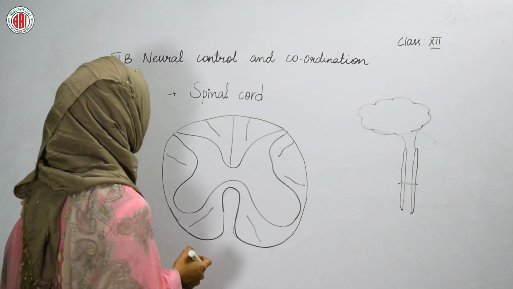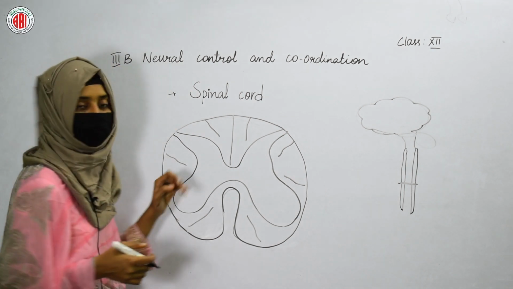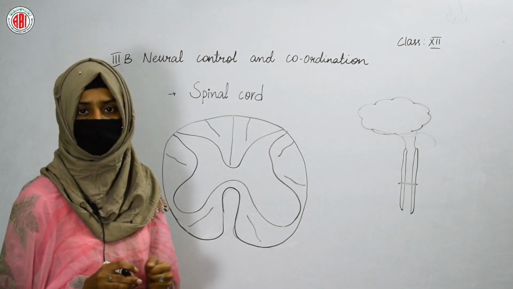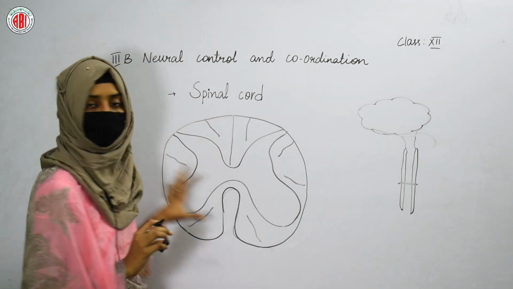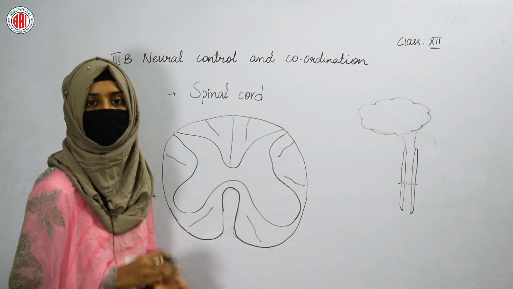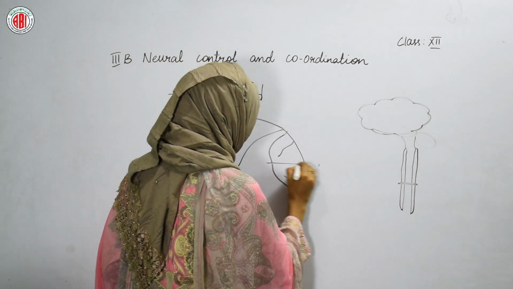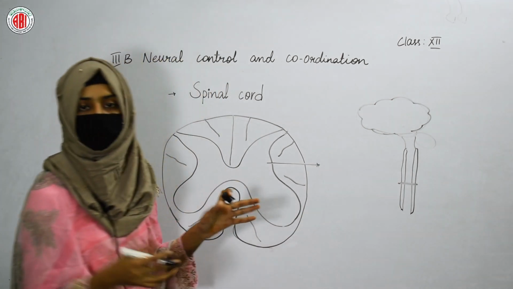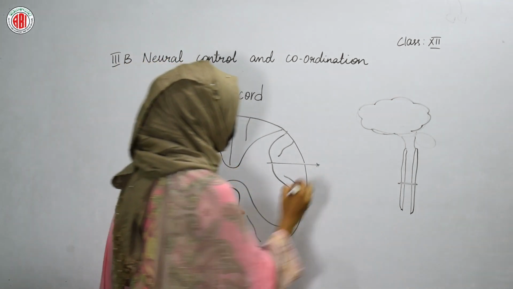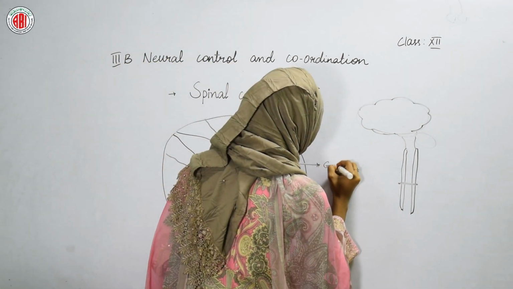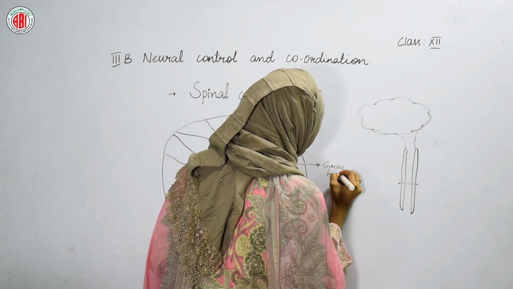When you look at the parts that are found in the spinal cord, there are neurons. Many neurons are present in our spinal cord. The cell bodies of the neurons found in the spinal cord group together and form the grey matter of our spinal cord.